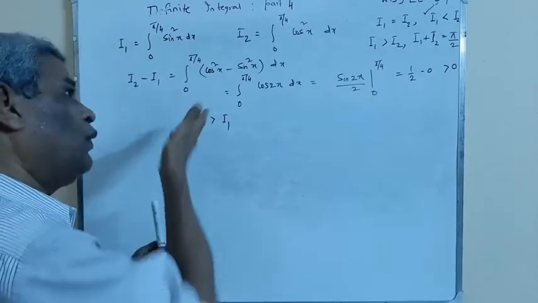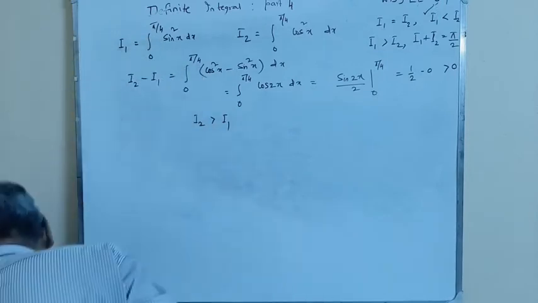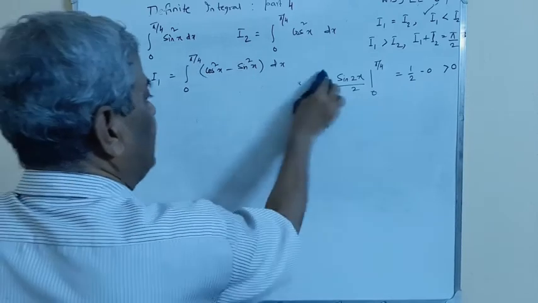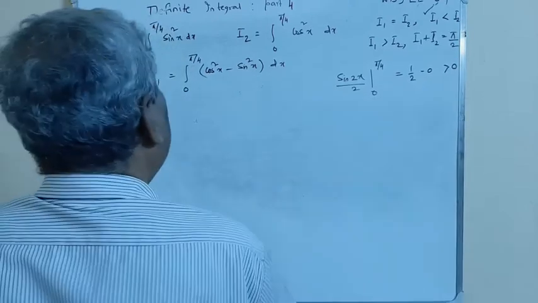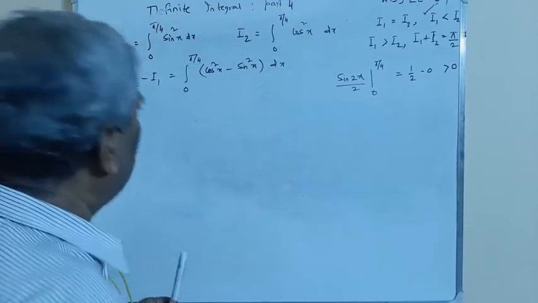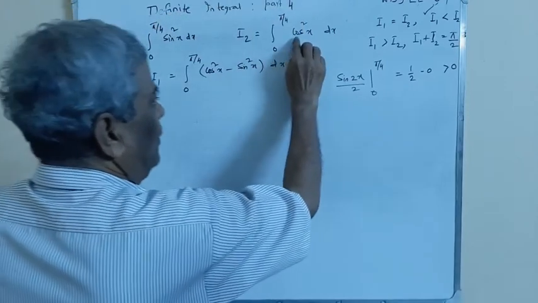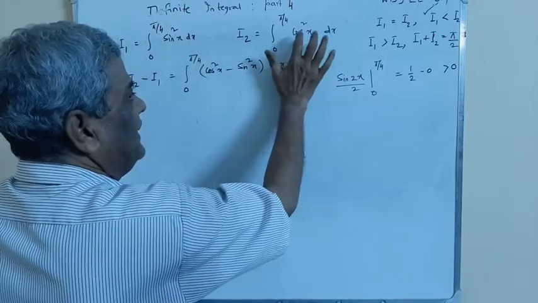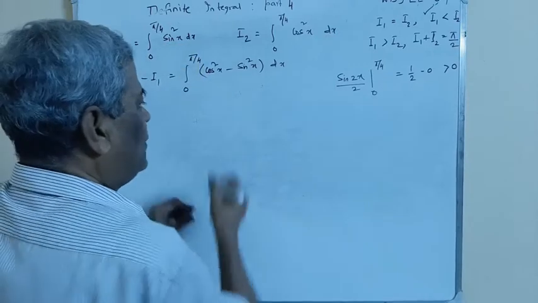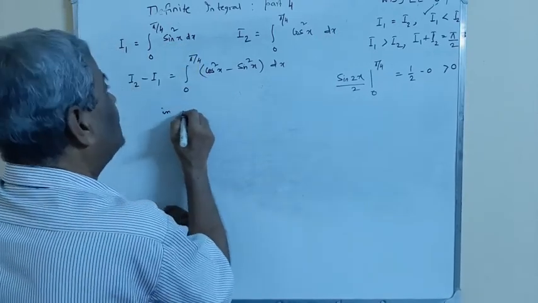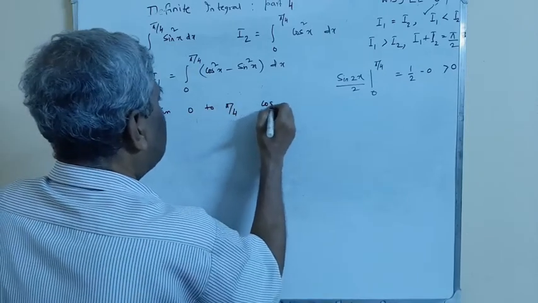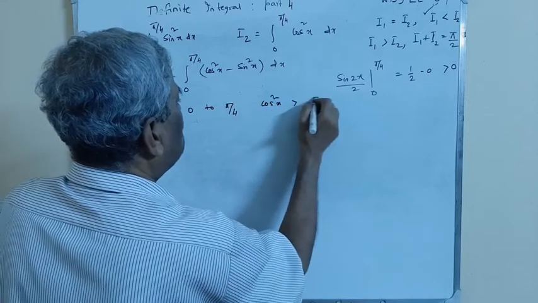This is a simple way to calculate. There is another method, that is also very simple. Limits of the intervals are both the same. In that interval, the integrand cos square x is greater than the integrand sine square x. So in 0 to pi by 4, cos square x is greater than sine square x.